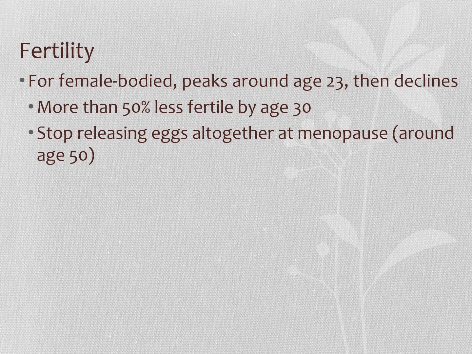If you wait until your 30s to try to get pregnant, you are going to be much less able to get pregnant than if you tried to get pregnant in your 20s. And that's just a fact of life. It certainly is not impossible. Many of us have children in our 30s, and some people even have children into their 40s and beyond. It can just sometimes be a little more difficult.